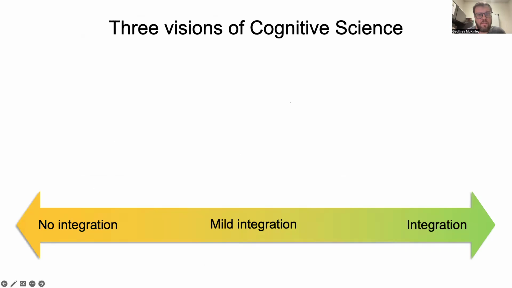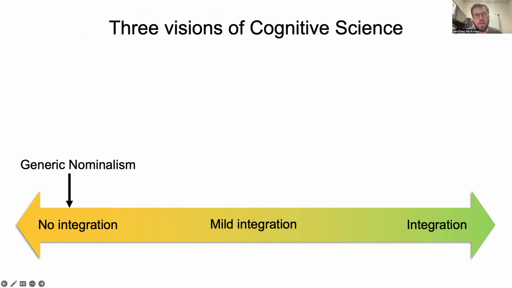And so there are three visions of cognitive science. They vary on a continuum from no integration to complete integration. The first vision is called generic nominalism, and it views cognitive science as a set of isolated, non-integrated disciplines studying the mind from different perspectives.